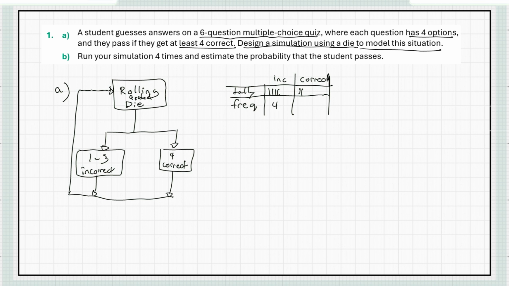So our first attempt was a 4 and then a 2, and this was a fail. Ultimately you can come up with a way of assessing, if we ran this a few more times, whether or not the student passes. But I think it's enough to see you do it once and then we'll move on. Realistically, the hard part is really just designing a very basic trial that we can use in order to determine this outcome.